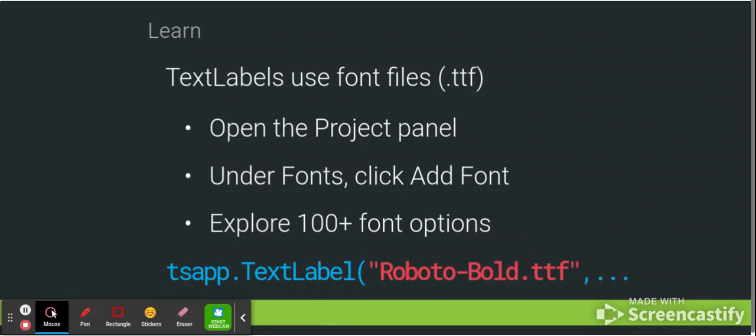Okay, similar to sprites with image files, when creating a text label instance, we need a font file in our project for the first argument. There are over 100 fonts you can choose from for your text. Once you've added the file to your project, you need to make sure that the first argument matches the full file name exactly.